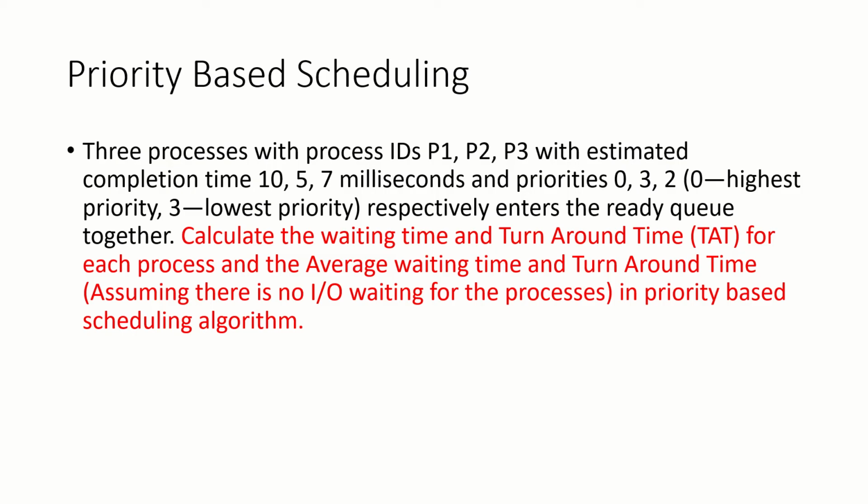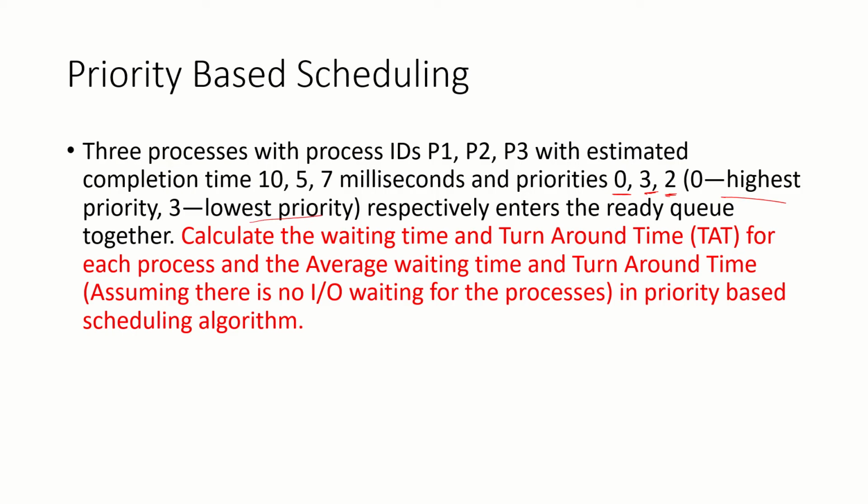Okay, isn't it? But they have given process 1 has a priority of 0. Here it is given. Process 2 has a priority of 3 and process 3 has a priority 2. 0 is the highest priority, 3 is the lowest priority, isn't it?